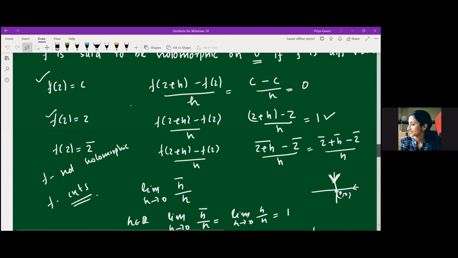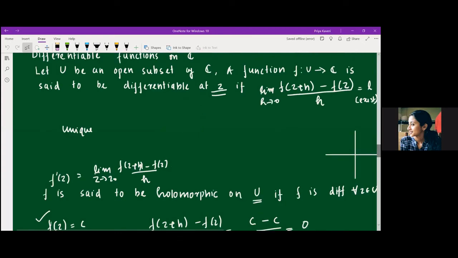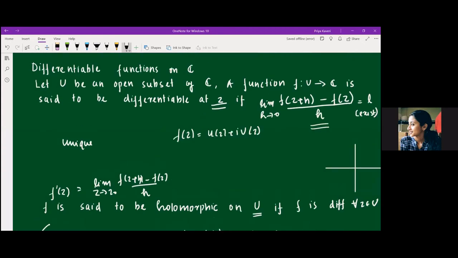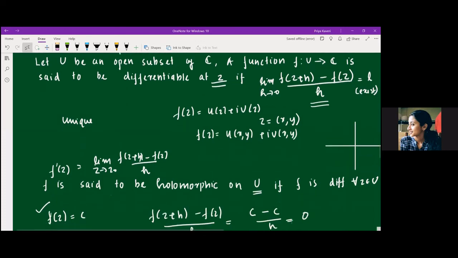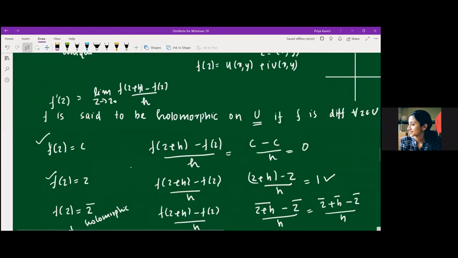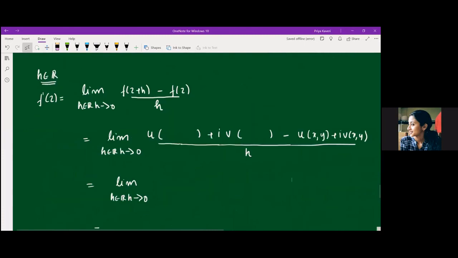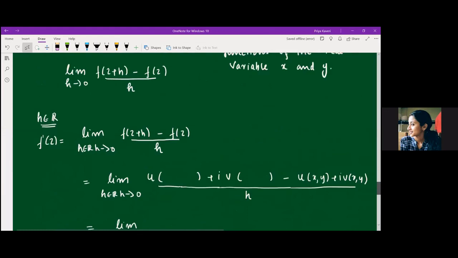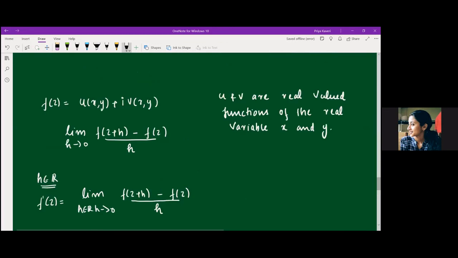Here we can see that z is actually a function of x and y, so we can always write f(z) as u(x,y) + i v(x,y). Here u and v are real valued functions of the real variables x and y.